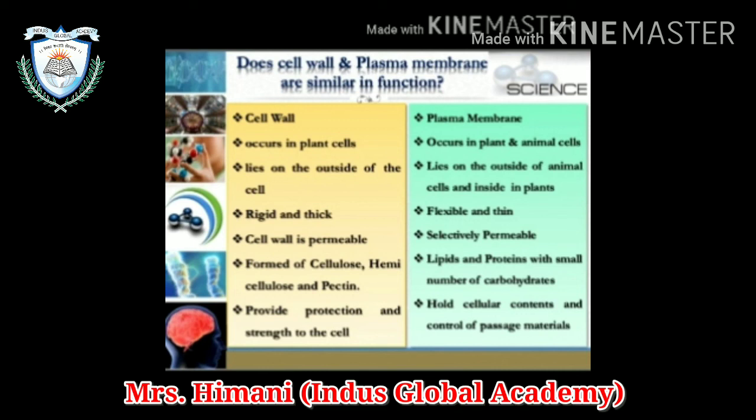The cell wall is permeable, whereas the plasma membrane is selectively permeable. The cell wall is formed of cellulose, hemicellulose or pectin. The plasma membrane is made up of lipid and protein with a small number of carbohydrates. Cell walls provide protection and strength to the cell, whereas the plasma membrane holds cellular content and controls the passage of molecules.